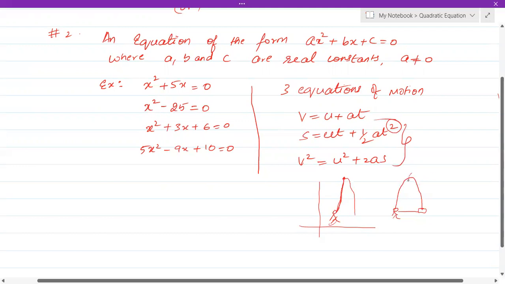Or the maximum height that it has touched can be calculated using the quadratic equation. Basically, a parabola itself is a quadratic. The equation of the parabola will be like this: x square is equal to 4ay, or y square is equal to 4ax. If you observe, the highest power of y is 2, isn't it?